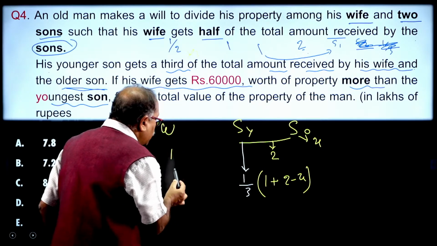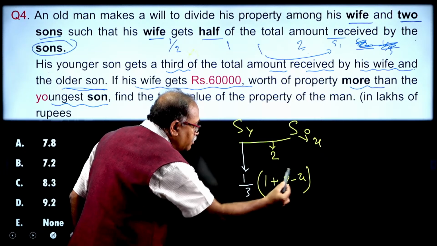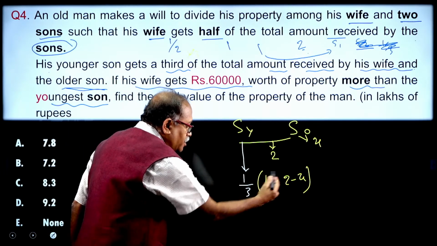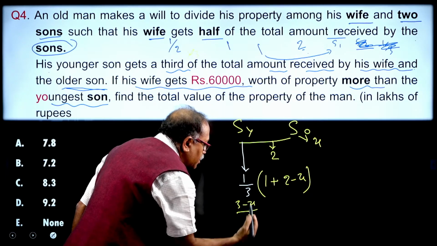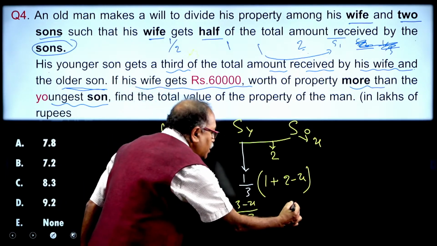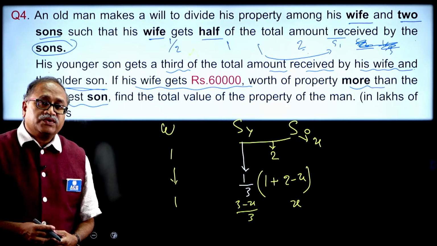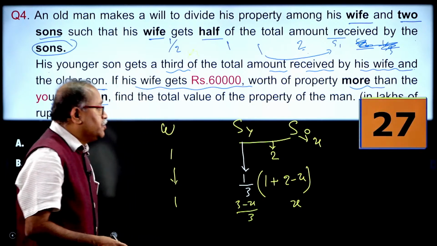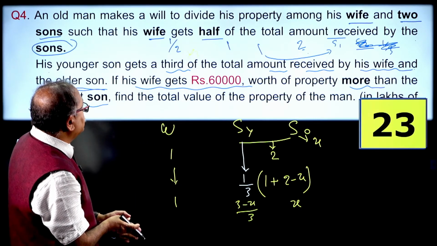Here I am getting 1, and this is (3 minus x) by 3, and here I am getting x. How can I get the ratio? Your 30 seconds starts now, my dear friend, and if you can get it, I will be very happy, or else I will explain this.